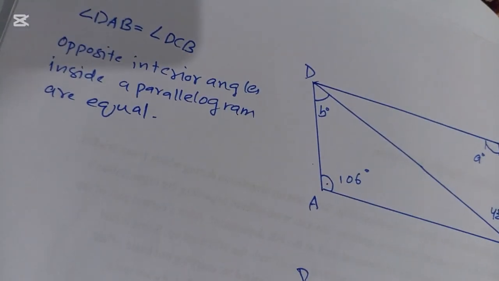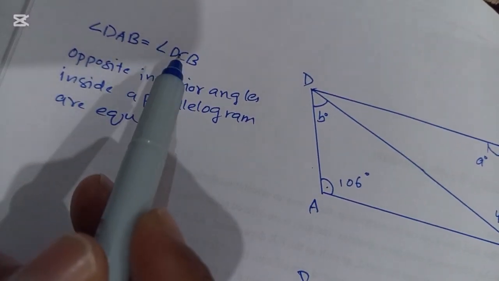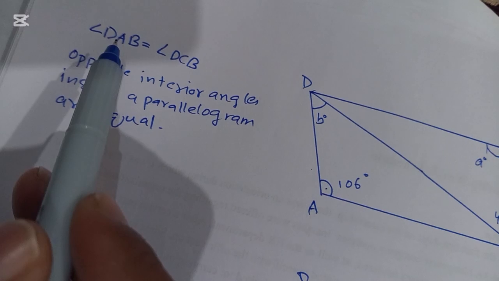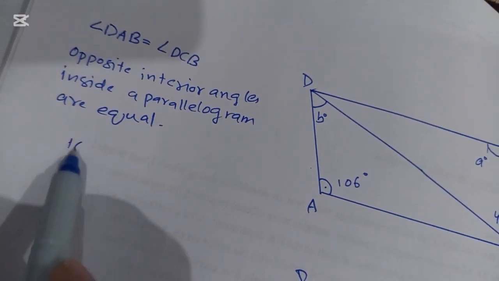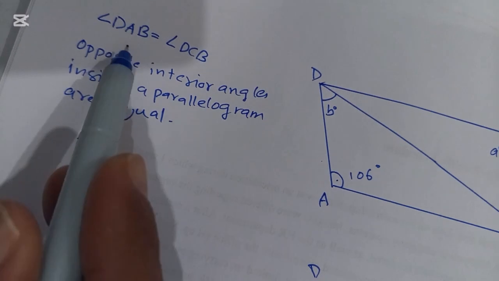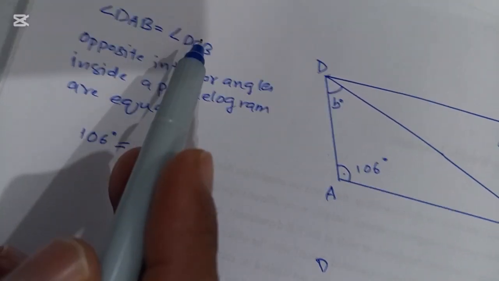That's the law, right? The interior angles inside a parallelogram are equal. So this one angle is equal to this one. We know the value of this angle, right? The value of this angle is 106 degrees. Instead of writing angle DAB, I wrote its value, and it will equal angle DCB.